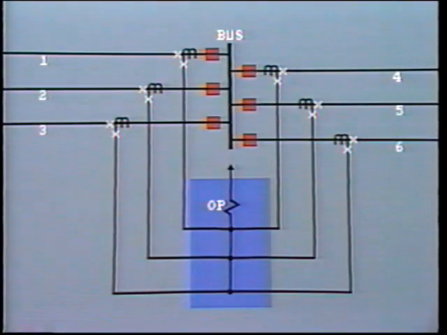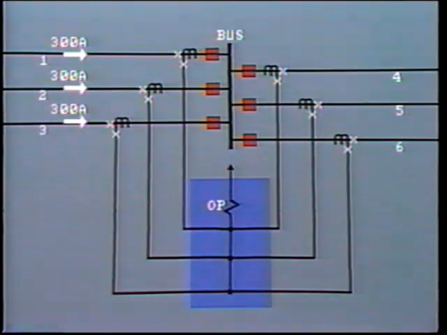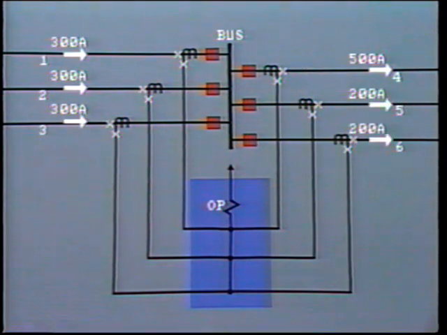Let's look once again at an example of simple current differential. There are 6 circuits connected to this bus with 300 amps entering on each of these lines 1, 2 and 3. 500 amps flows out on line 4 and 200 amps out on line 5 and line 6.